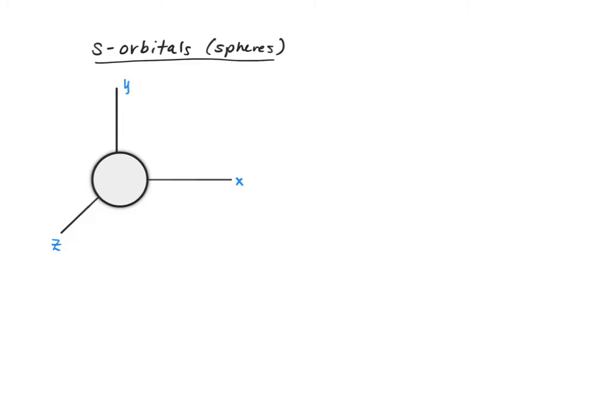So this might represent an s orbital, and within this s orbital could be housed some electrons. We don't know where within that box those electrons are right now, but what we do know is that they're confined to that box.